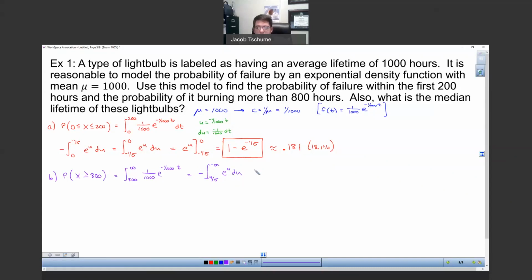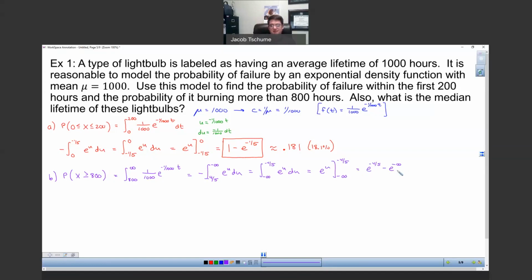Once again, those are backwards, so if you would like to flip them over, you can. I will flip it over into negative infinity to the negative 4/5 of e to the u du, which allows me to cancel the negative that's out front. And now it works the exact same way. This integrates into e to the u from negative infinity to negative 4/5, which will be equal to e to the negative 4/5 minus e to the negative infinity.